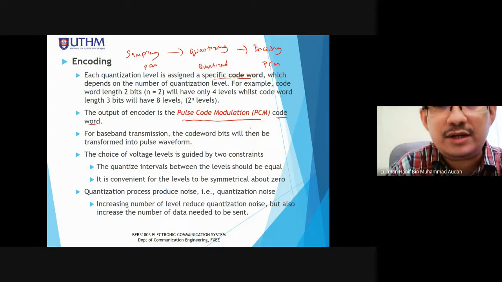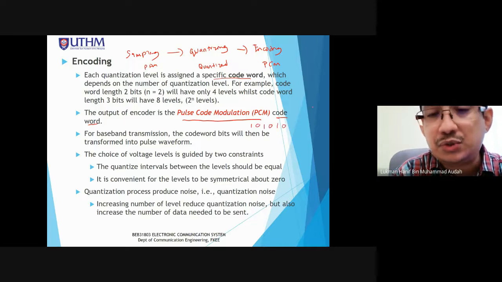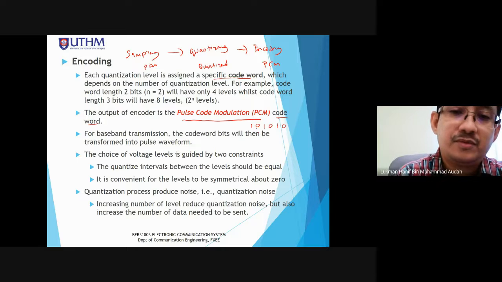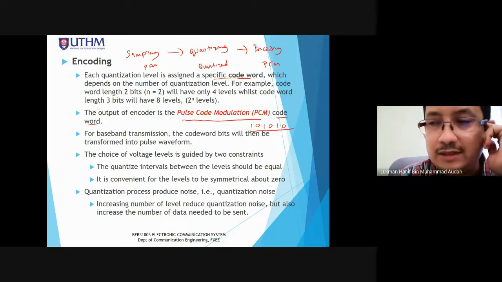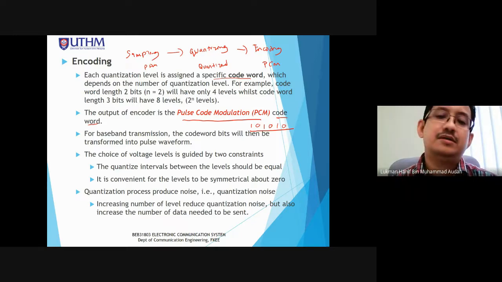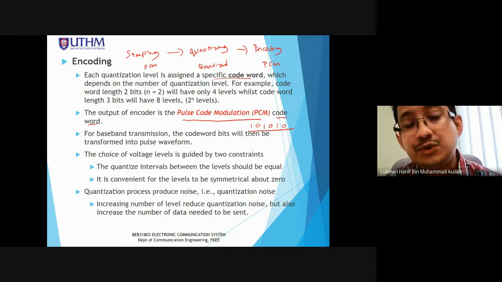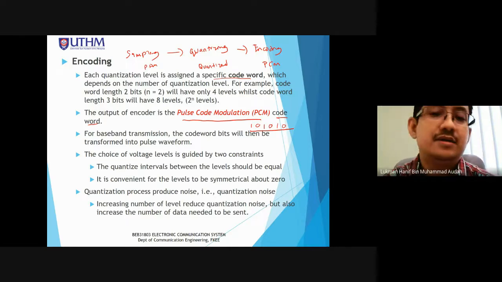Code word adalah yang ni satu, logik 1, logik 0, logik 1, logik 0, logik 1, logik 0 dan seterusnya. Okay. Ingat 1010 ni bukan nombor, dia adalah logic number. Berhati-hati dia bukan nombor sebenarnya. Dia adalah merujuk kepada logic number.